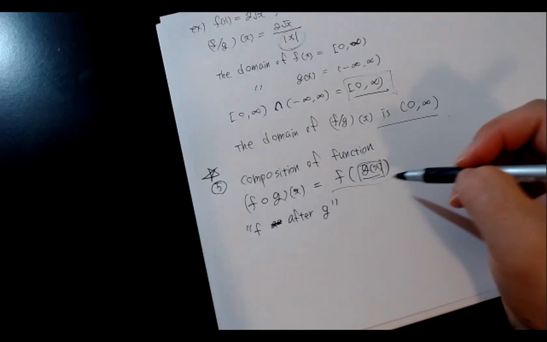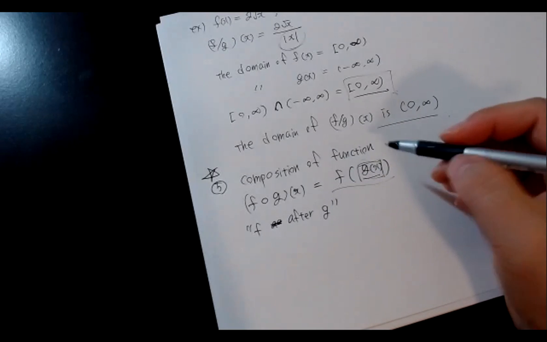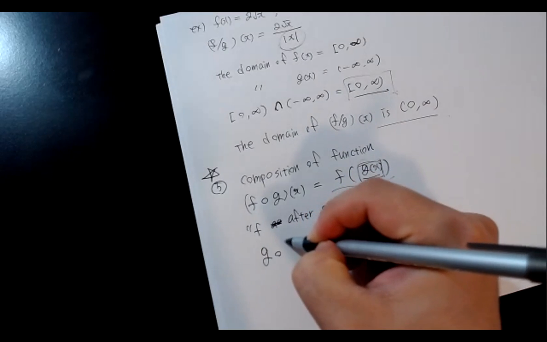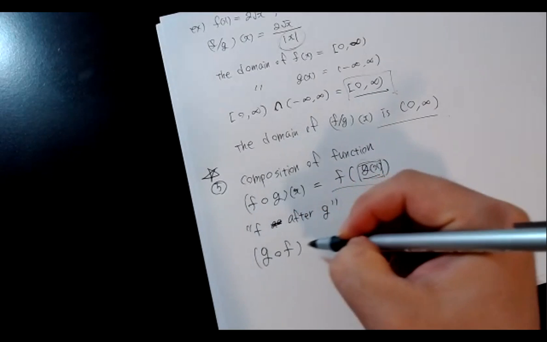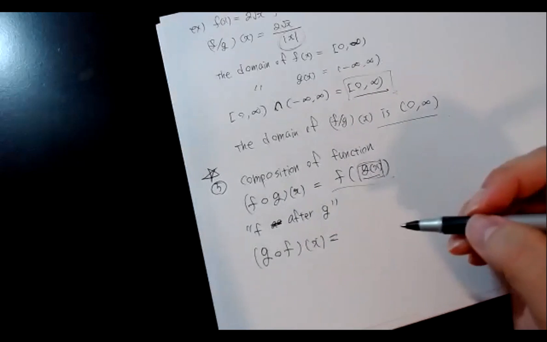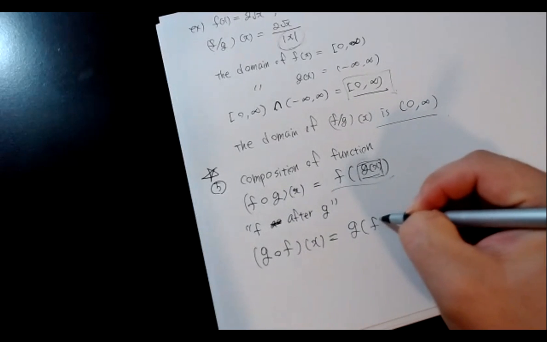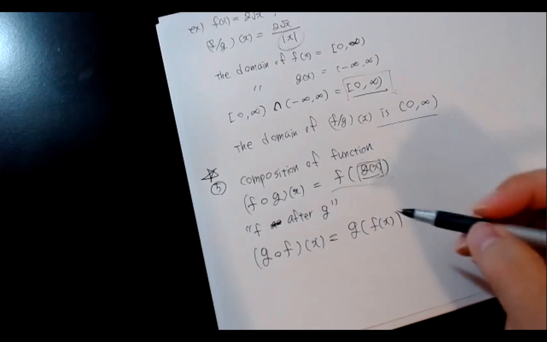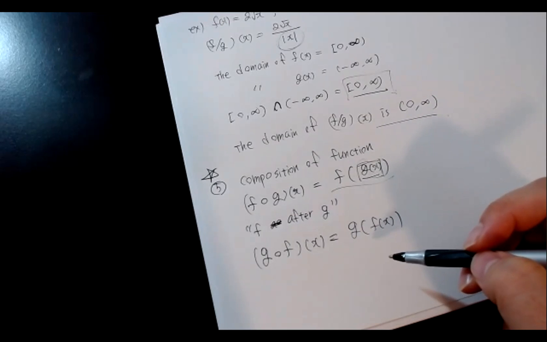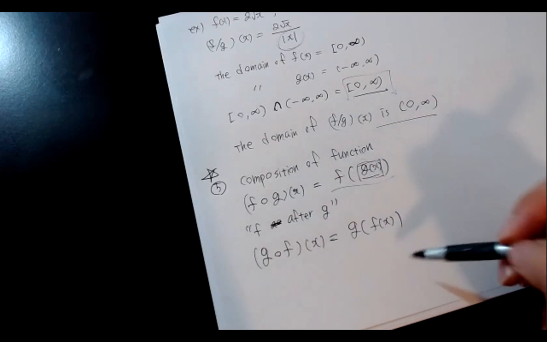Then from the definition of composition, we can figure out that g circle f, I mean g after f, is different from f after g, right? It's going to be g of f of x. It means that we use the output of f as the input of g. So these two are totally different, right?